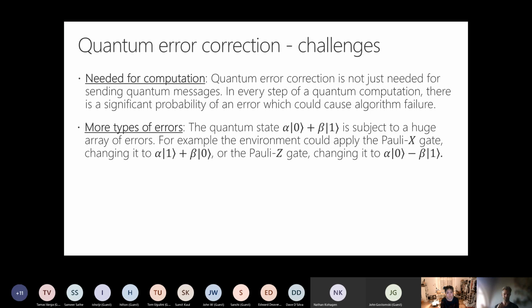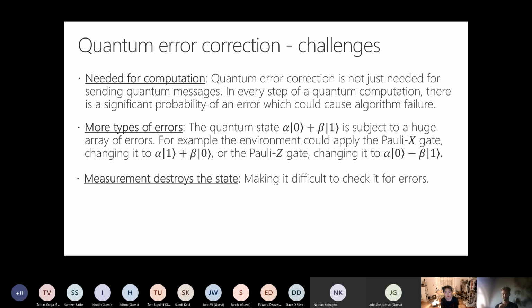But in the case of the quantum state, alpha and beta can change by an arbitrary amount. Or you can have something like just a phase change between the two. So it doesn't change the overall magnitude or the overall probability of measuring 0 or 1, but it does change the state. And so there are many, many ways, an infinite number of ways, in fact, that a quantum state could be corrupted by noise, whereas there's only one way that a piece of classical information could be corrupted, by being flipped.